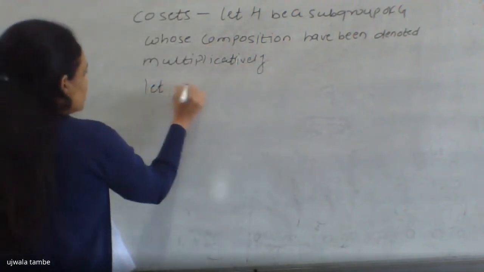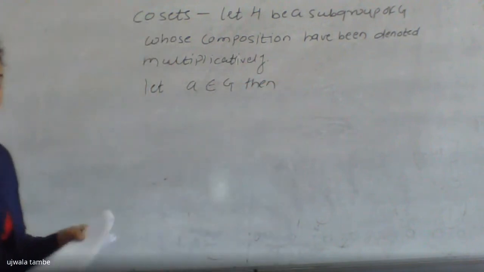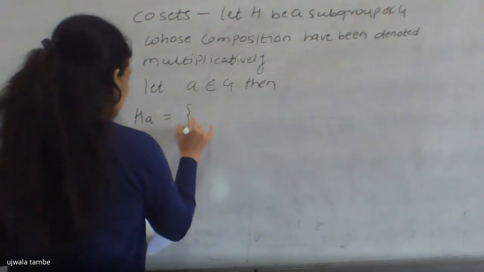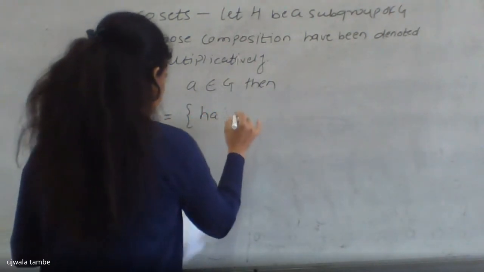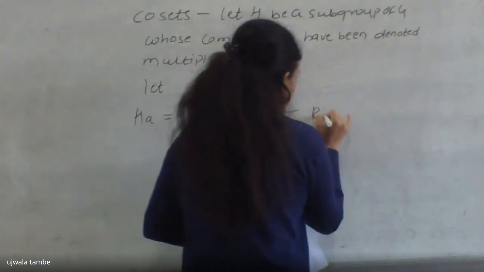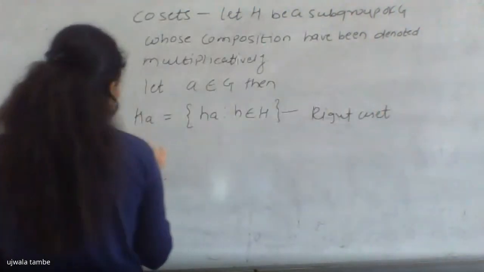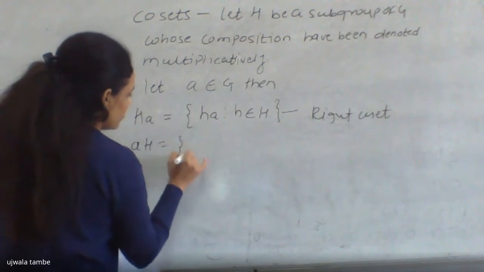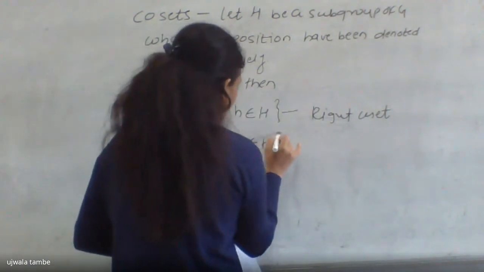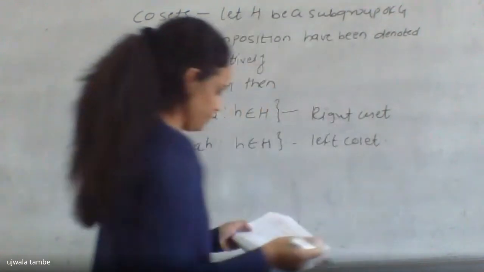Let small a belong to capital G, then Ha is equal to ha, where h belongs to set H. This is called a right coset, and aH is equal to a times h, again h belongs to capital H. This is called the left coset.